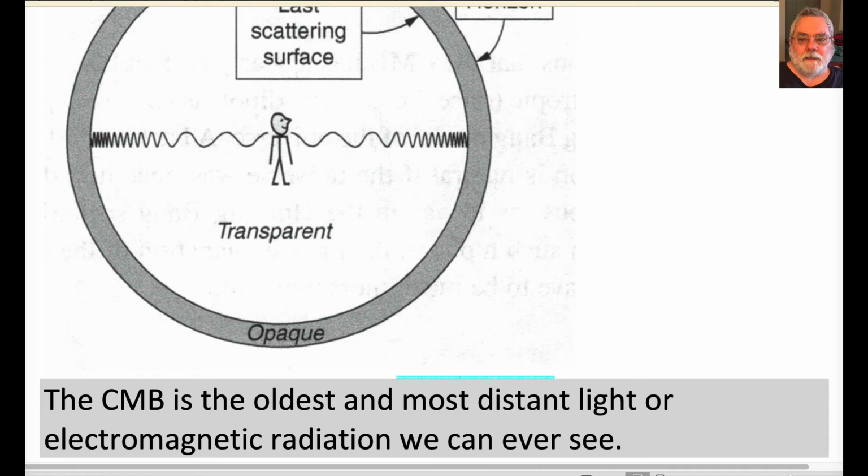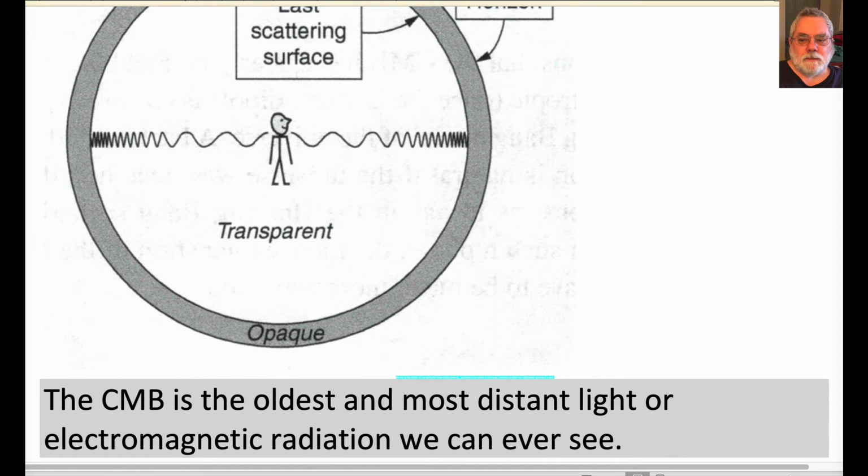The CMB is the oldest and most distant light or electromagnetic radiation we can ever see. The CMB light predates the formation of stars and galaxies, much older than the starlight the James Webb Space Telescope can see.